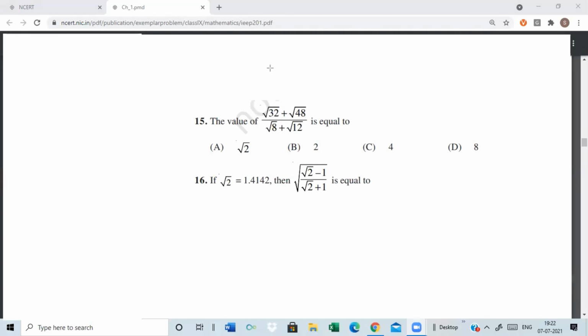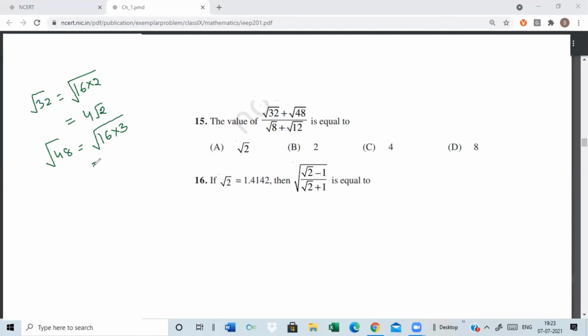Now we go to question 15. We have to simplify this. First of all, root 32 we can write as root of 16 times 2, and we know that the square root of 16 is 4, so this becomes 4 root 2. Now root 48 we can write as 16 into 3.